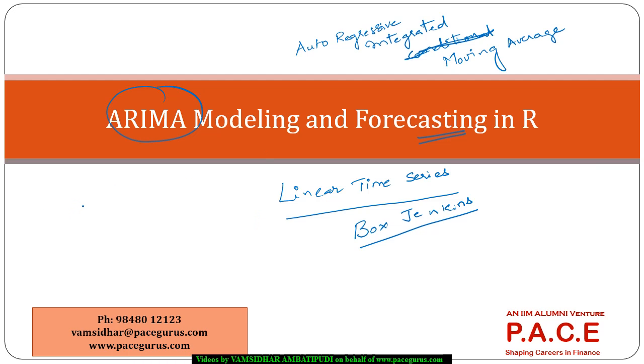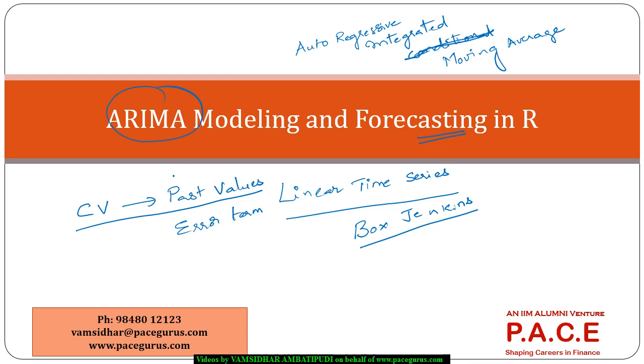And we need to understand some of the basic things here. Whenever we have the current value depending on the past values, we use this kind of model when we have an impression that the current values are dependent on the past values of that same time series data or the past values of the error term.